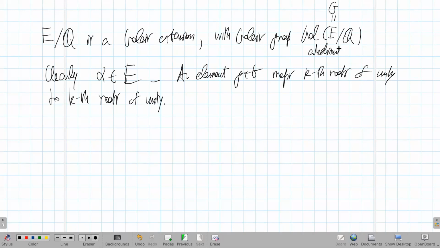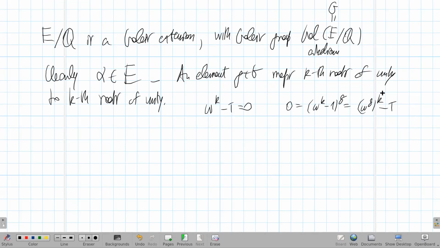Well, that's clear because it fixes the elements of Q. So if you have omega^k minus 1 equals 0, you apply g, and g is a homomorphism, so it respects all the operations, and you get this. So omega to the g will again be a kth root of unity.